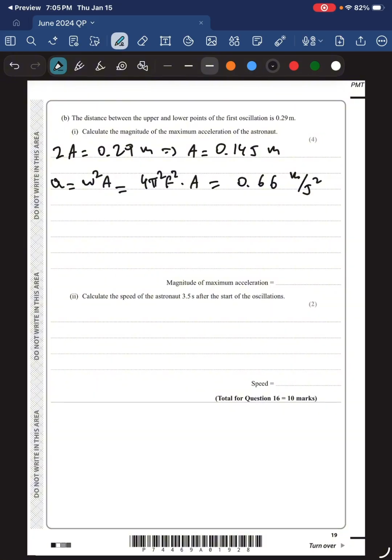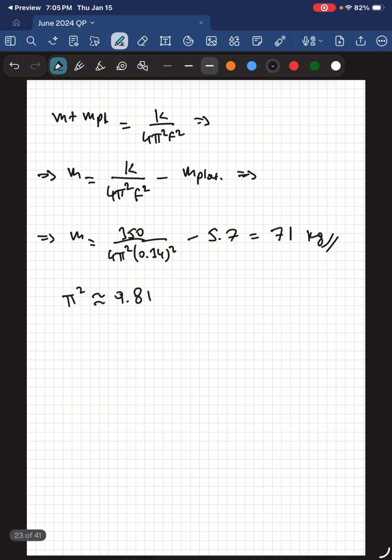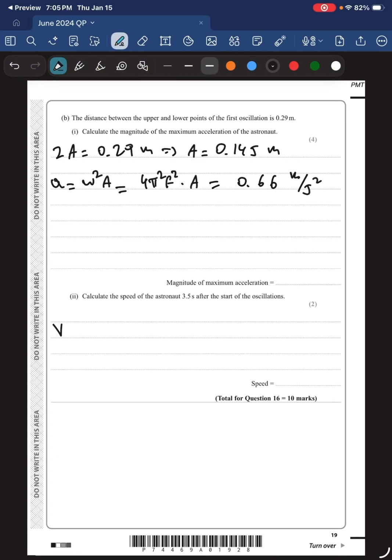Okay, this is a little bit involved, but you can use, let me think. Oh, now I'm a little bit worried about something. Let me think. So calculate the speed of the astronaut 3.5 seconds after the start of the oscillation.